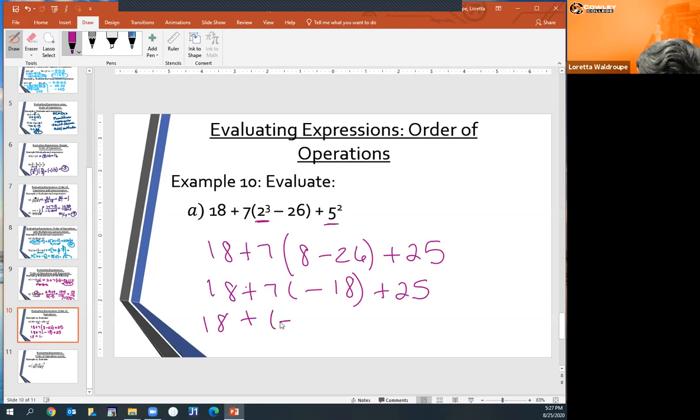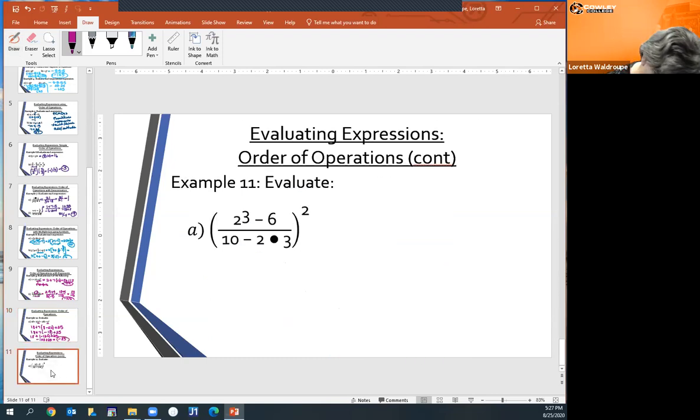Seven times -18 is 6, carry my 5. 18 and -126 is a -108 plus 25, which gives us a -83.